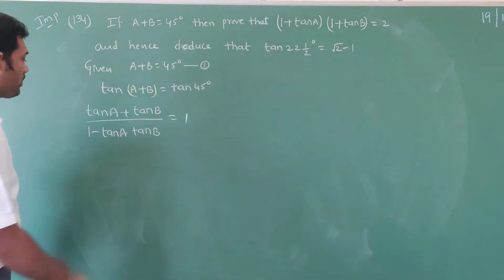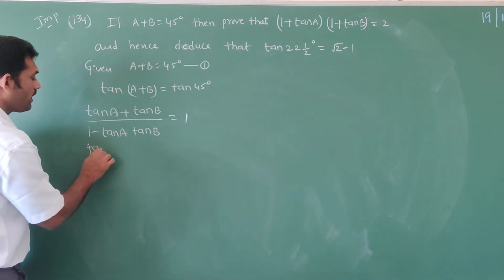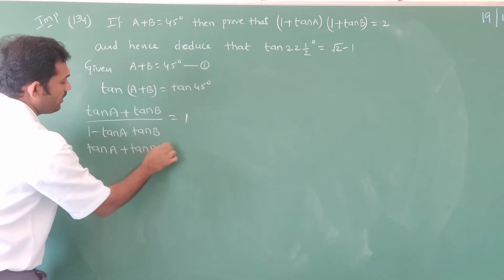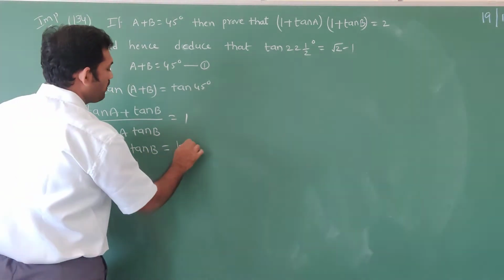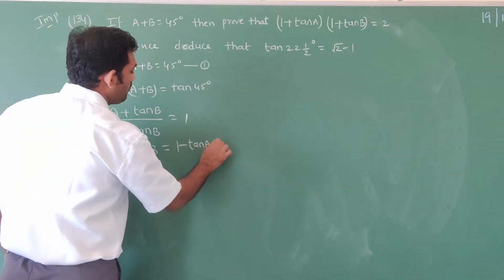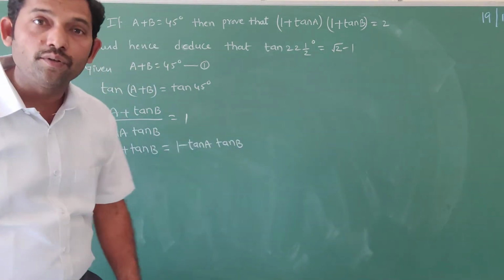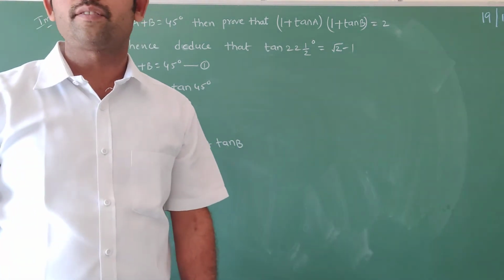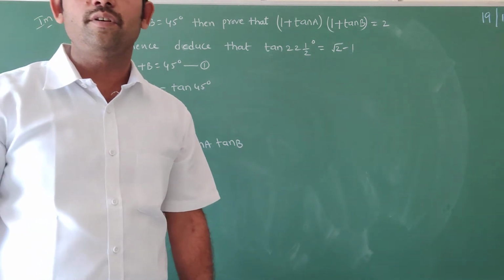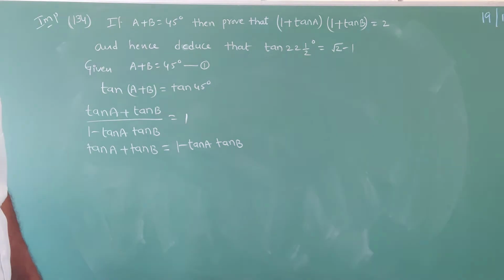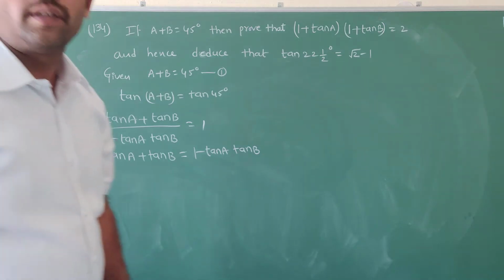Again, cross multiplication: tan A plus tan B is equal to 1 minus tan A into tan B. Understand? Next, continuation.